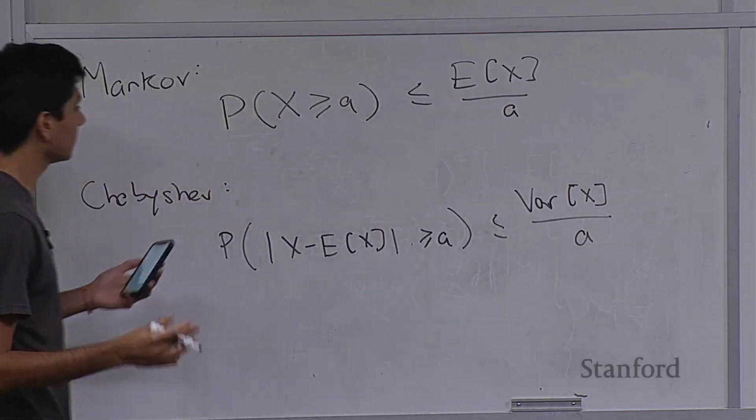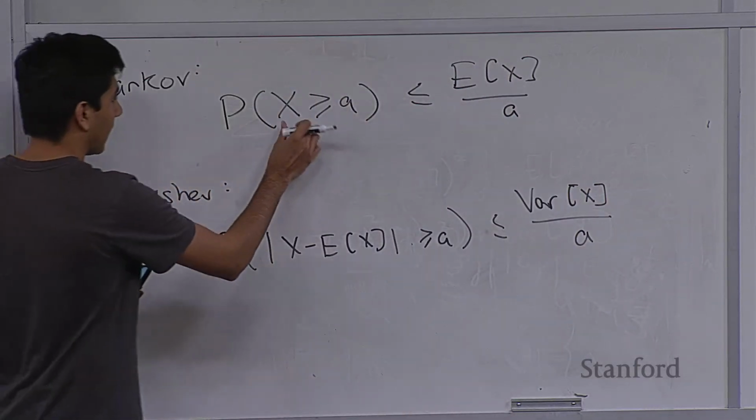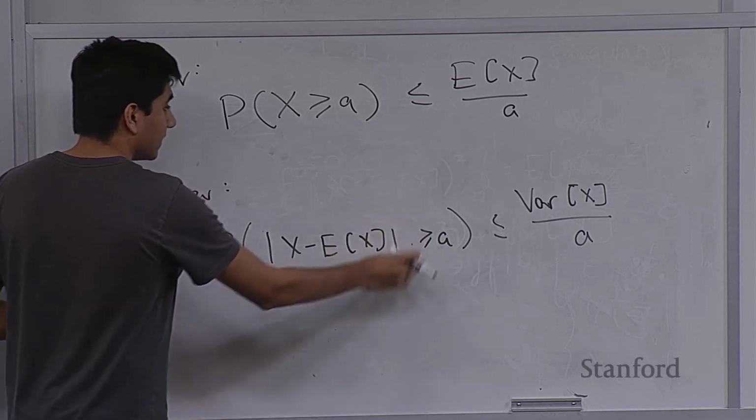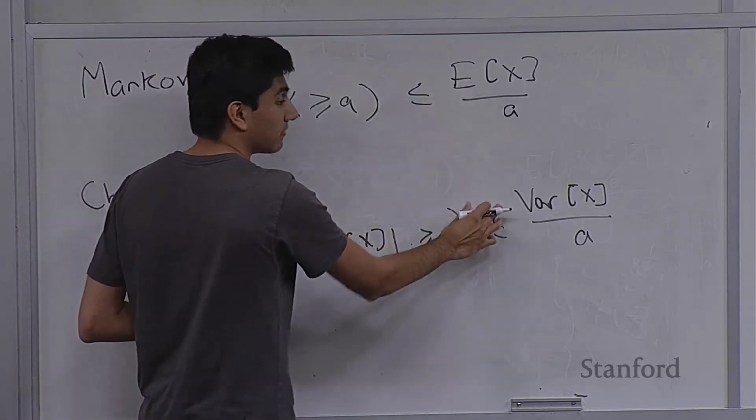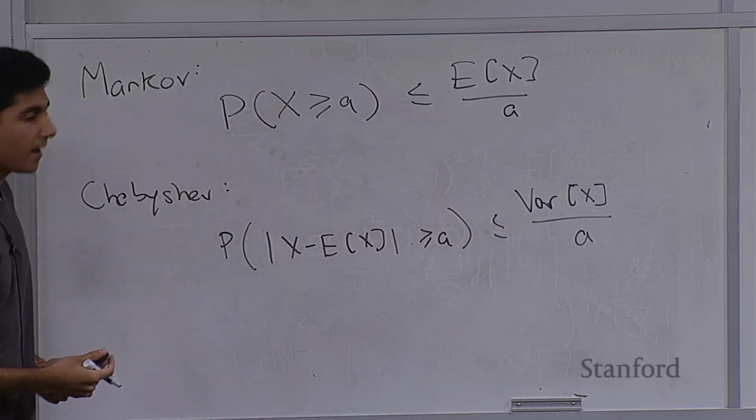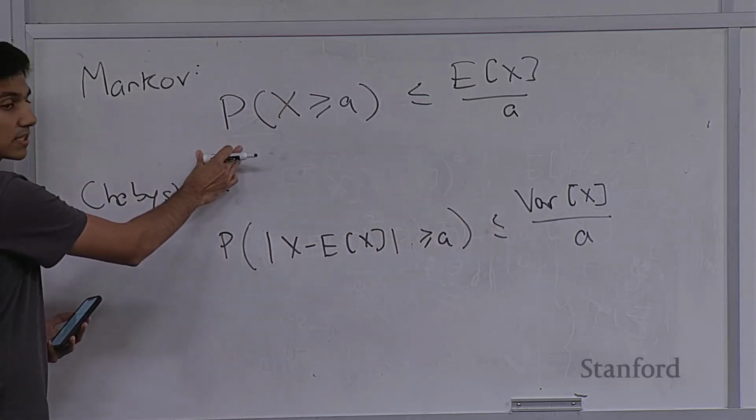Basically, this helps you determine the probability that either x or x minus E of x is greater than or equal to some fixed value a, and it lets you bound that by the expectation or the variance of that random variable. The proof for this one is actually relatively straightforward.